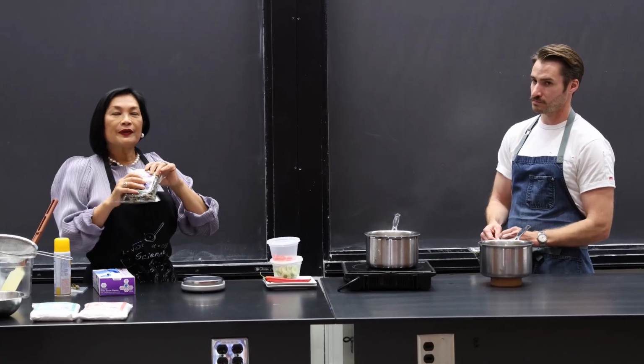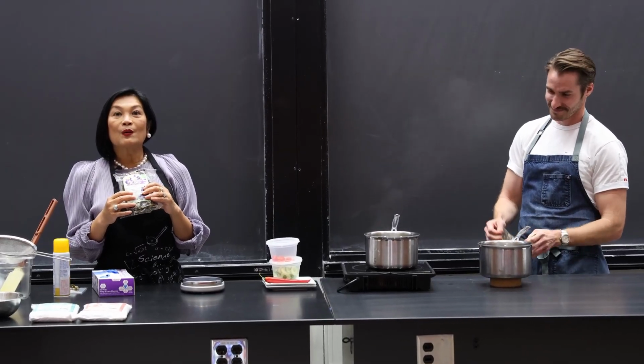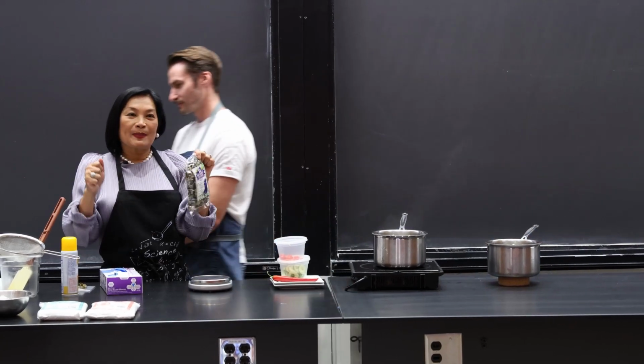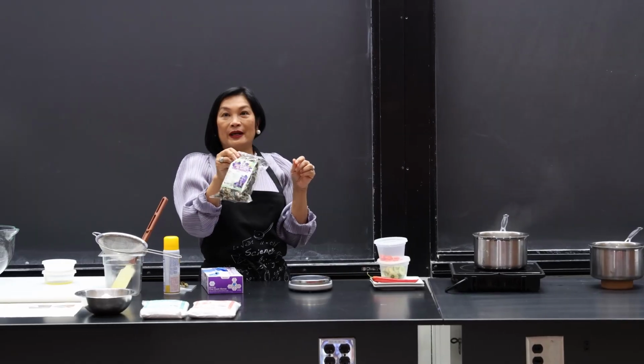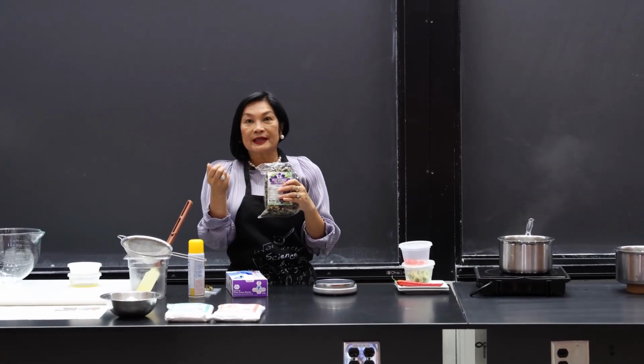One thing that I love about this flower is that we have a big butterfly pea bush in front of our house in my hometown in Trang. And people always ride their motorbikes and come and ask my mother for some flowers every day. We eat it raw, we eat it with our relish, we put it in our rice salad.